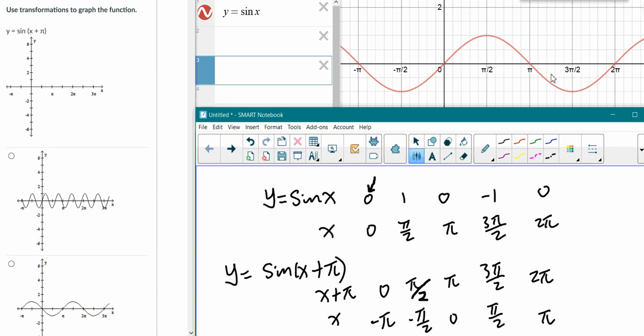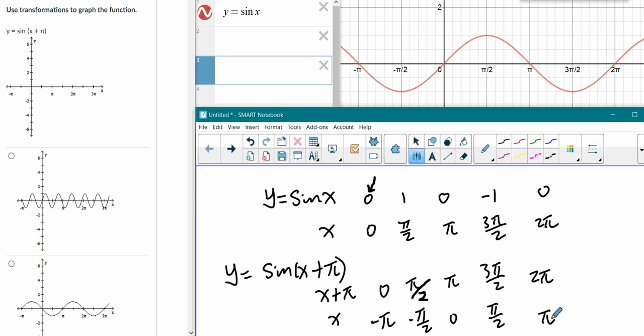Similarly, you will see for 2 pi what do we need? We need pi, because we know pi plus pi is 2 pi. And then sine 2 pi is 0. So you can see for the last points here, we just need x to be pi over 2 to get -1.